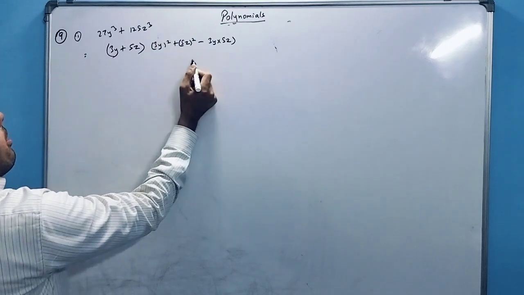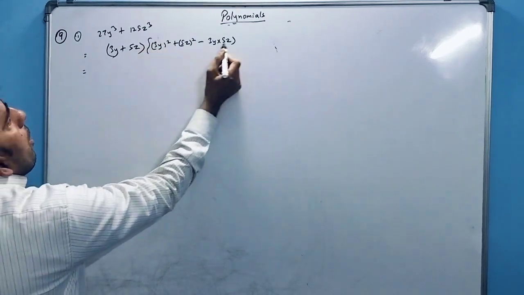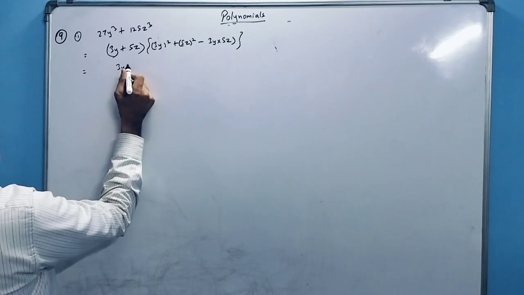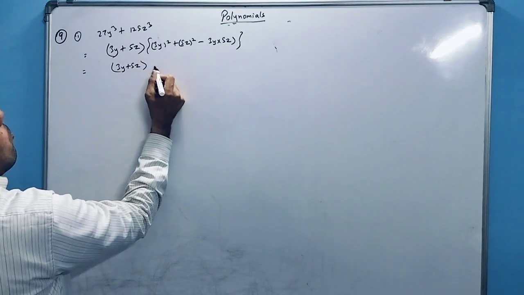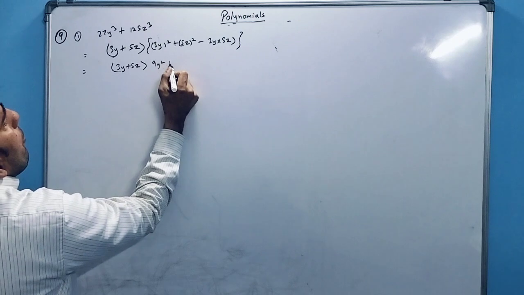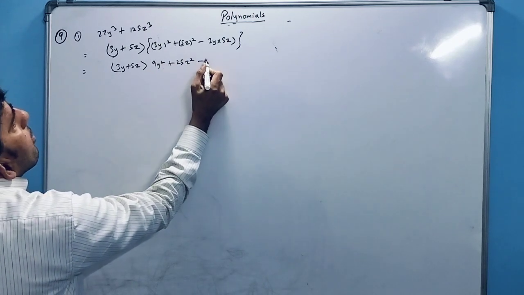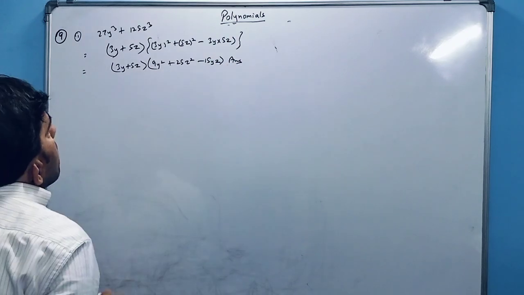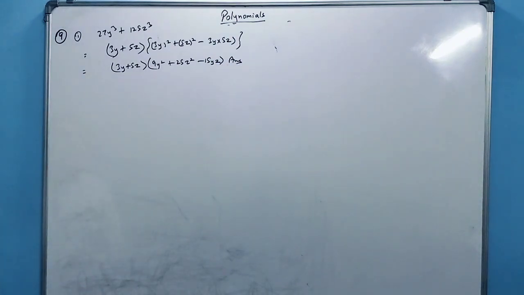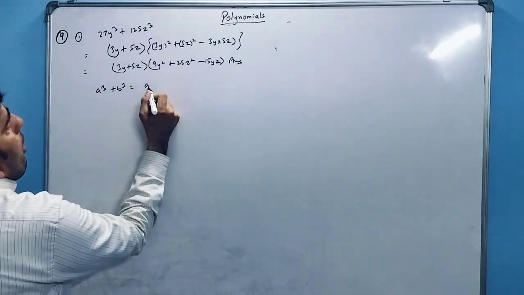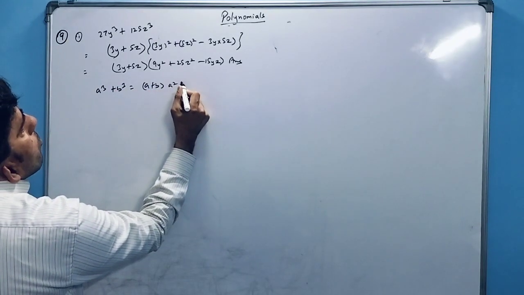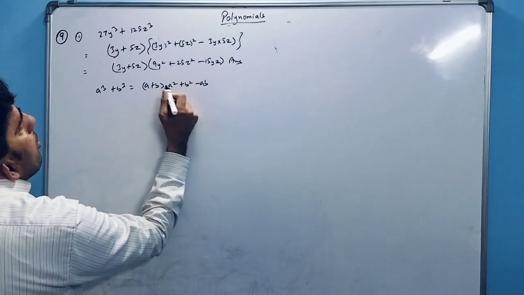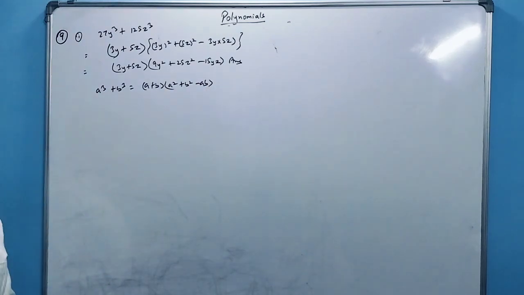Now I have a plus b into 9y square plus 25z square minus 15yz. So that is how we can easily use the identity. The formula for a cube plus b cube is a plus b into a square plus b square minus ab.